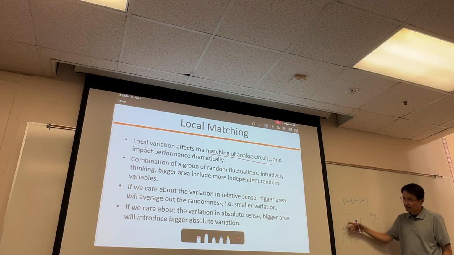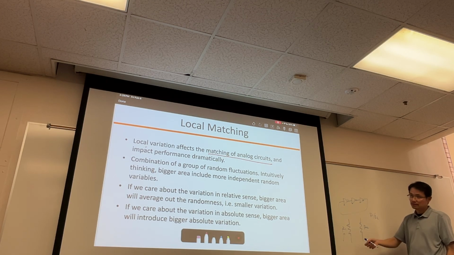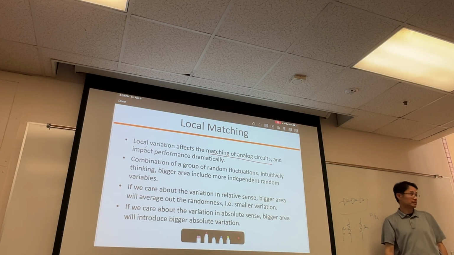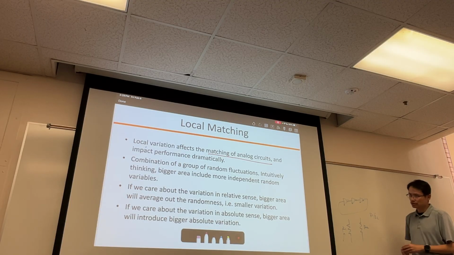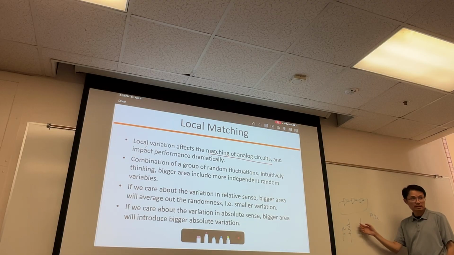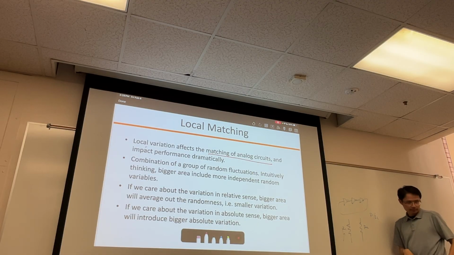You make a larger area, and that 1 kilo ohm can go to 1.2 kilo ohm, for example. So it really depends on what you care about, and that comes down to your circuit design.